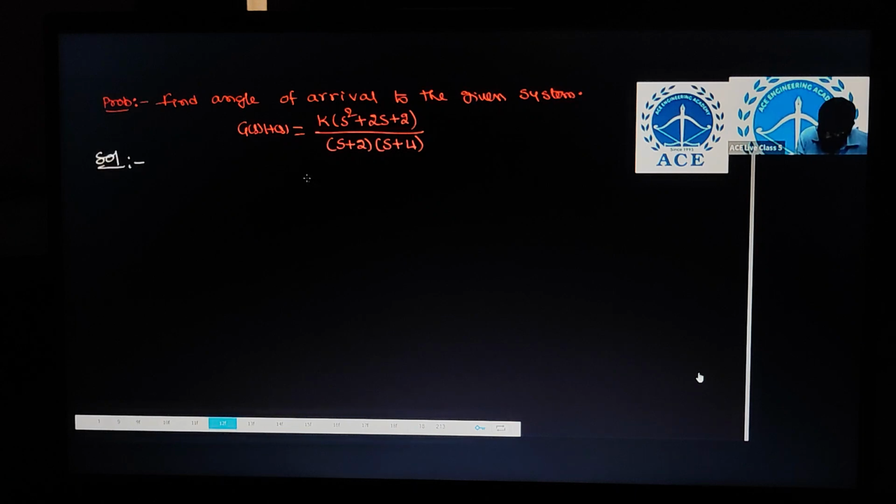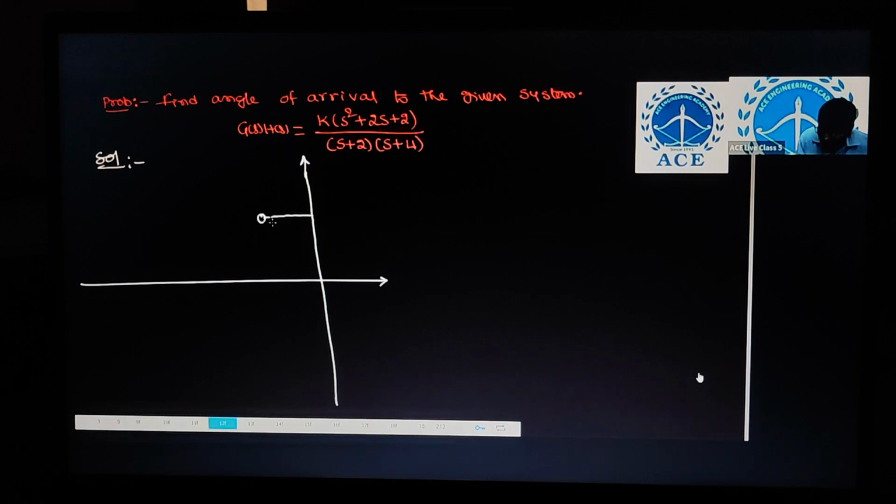Calculate the angle of arrival. Represent poles and zeros in the plane. This is a complex zero.